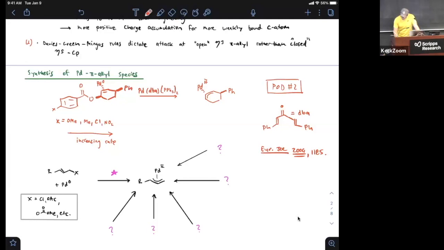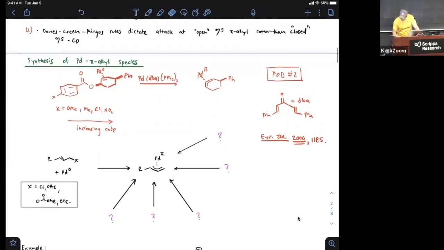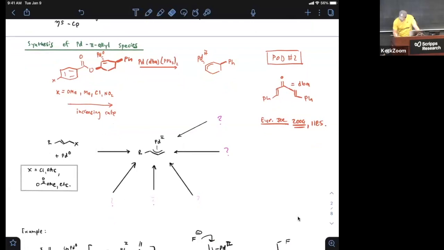Okay, so let's talk about other ways that we can generate pi-allyl species. I have a few drawn here, depending on how creative folks want to get. This is open-ended, so let's just take suggestions.